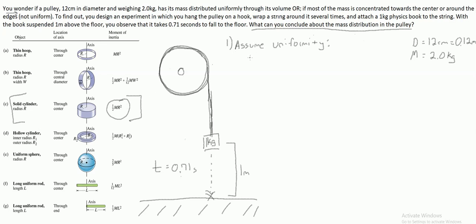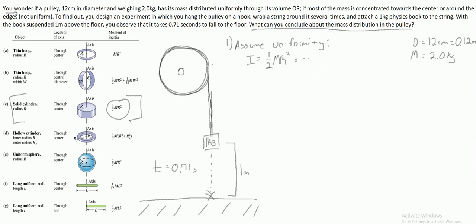So, if I'm assuming that this is true, I know that I, moment of inertia, is equal to 1/2 mr squared. 1/2 mass times radius squared. And I can calculate that right away because I have these two things. Well, I have diameter.